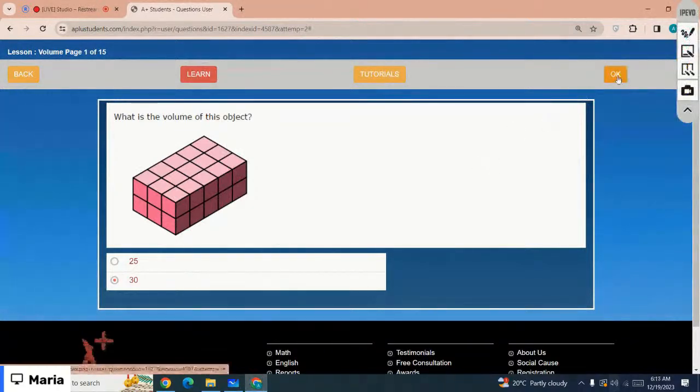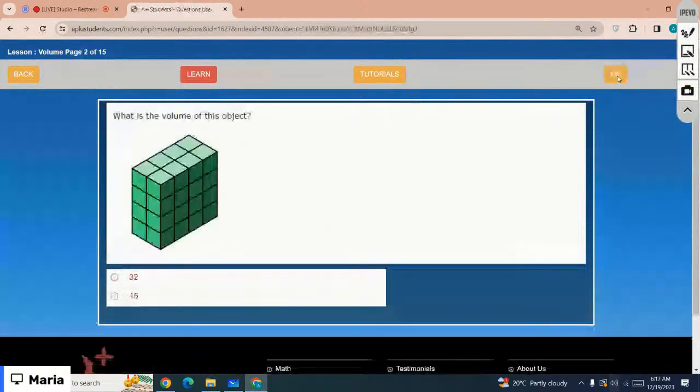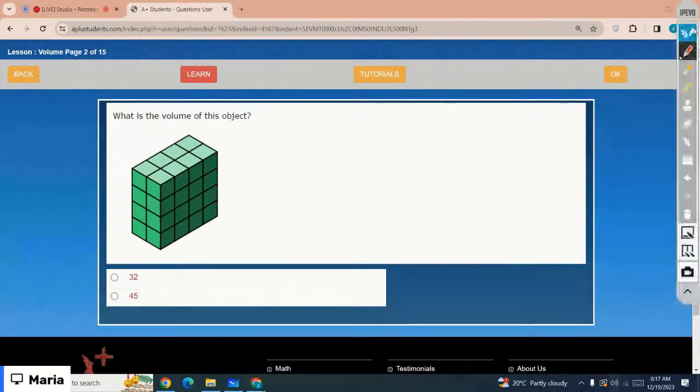Okay, the next one is, what is the volume of the object? So which is the correct option? Let's just look at the dimensions. Just look at the top row. So this way, 1, 2, 3, 4. This way it is 4. And the height of the object is 1, 2, 3, 4.